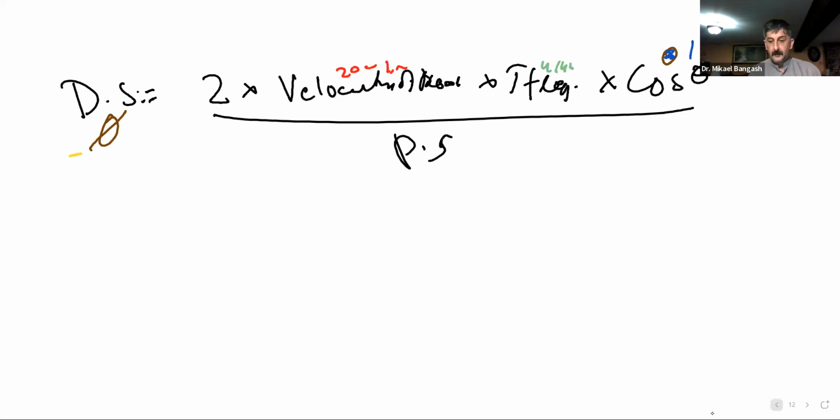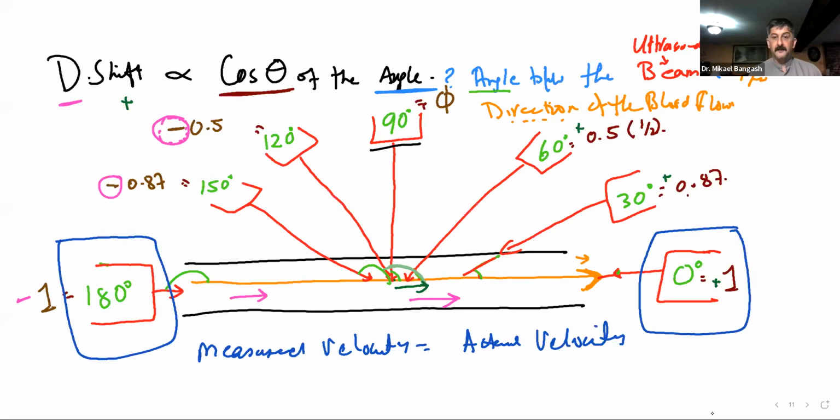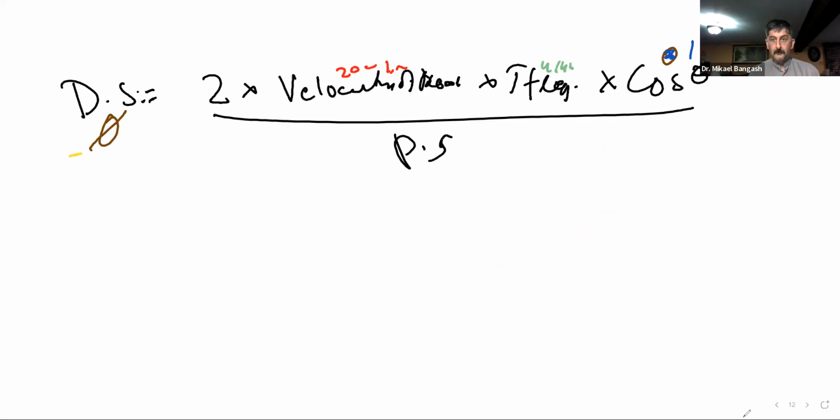Whereas if we take any of the other angles, let's say a 60-degree angle, what is the cosine theta value of a 60-degree angle? It is 0.5. So if we're scanning at a 60-degree angle, this whole thing here is multiplied by 0.5.